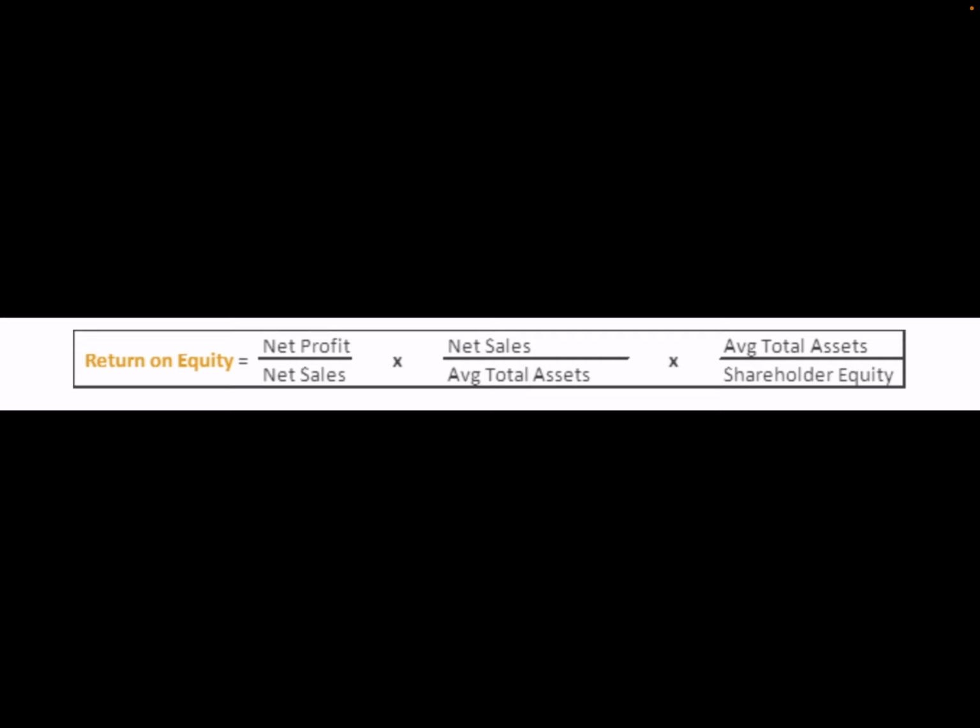Now financial leverage is equal to average total asset divided by shareholder equity. Financial leverage helps us answer this question: for every unit of shareholder equity, how many units of asset does the company have?